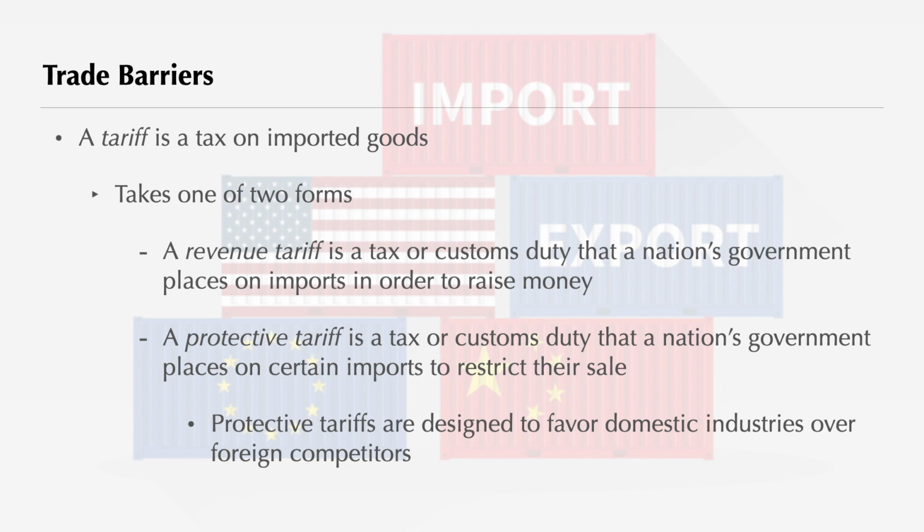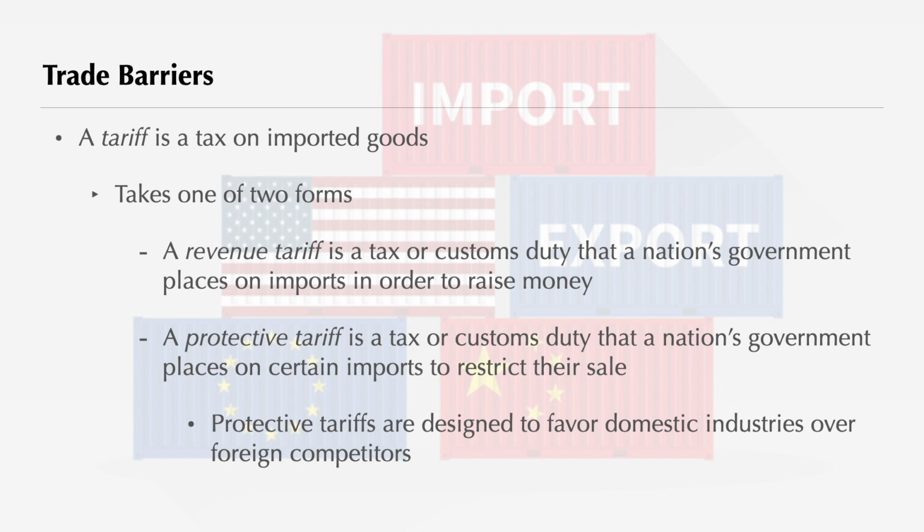If the U.S. government places a 50% protective tariff on Japanese motorcycles, the imported motorcycle's price will jump substantially to $7,500. The protective tariff increases the price of the Japanese motorcycle, thus making it more expensive than the American motorcycle. This price difference would encourage many consumers in the United States to buy the American model.